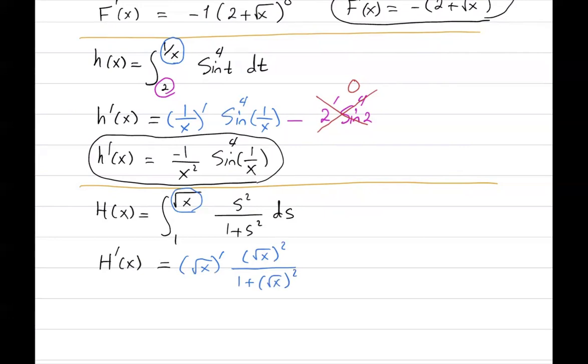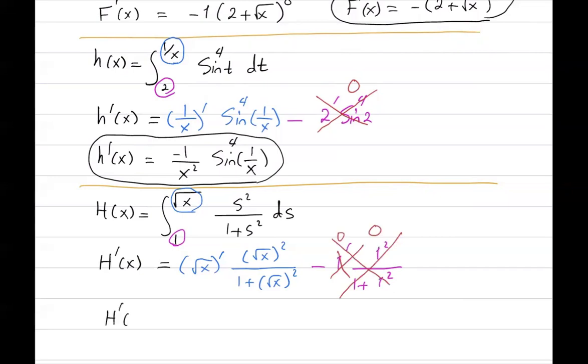Then the derivative of 1, which is just 0, times 1 squared over 1 plus 1 squared. But again, since the derivative of a constant is 0, this guy becomes 0, so we're not really worried about that.